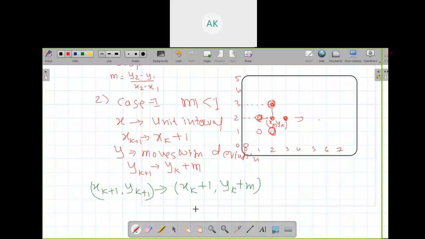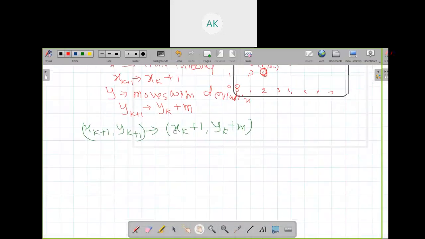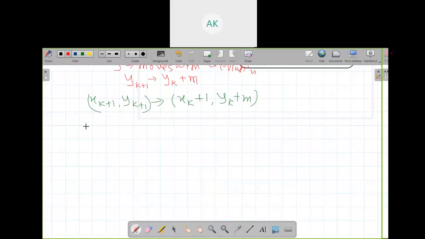Okay, take case 2. In case 2, where m is greater than 1, the magnitude of m, this absolute value of m, is greater than 1, then y is moving in unit interval.